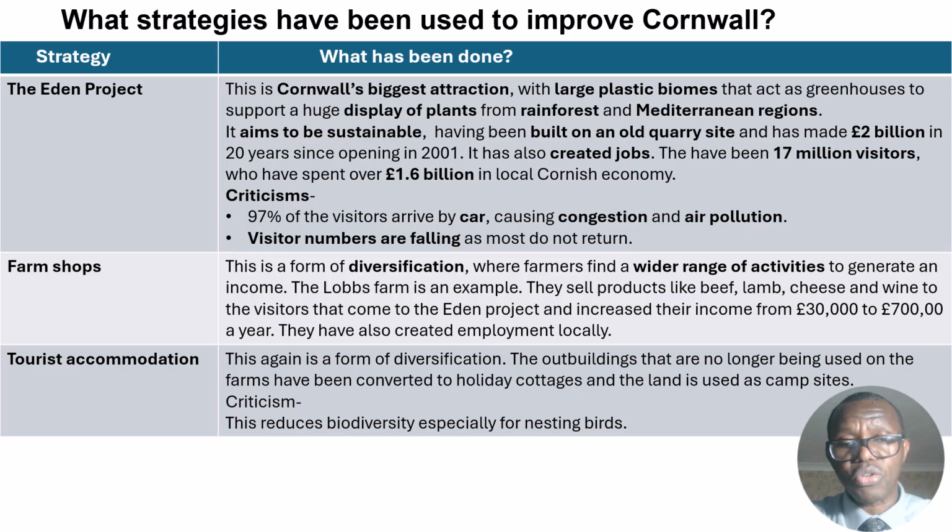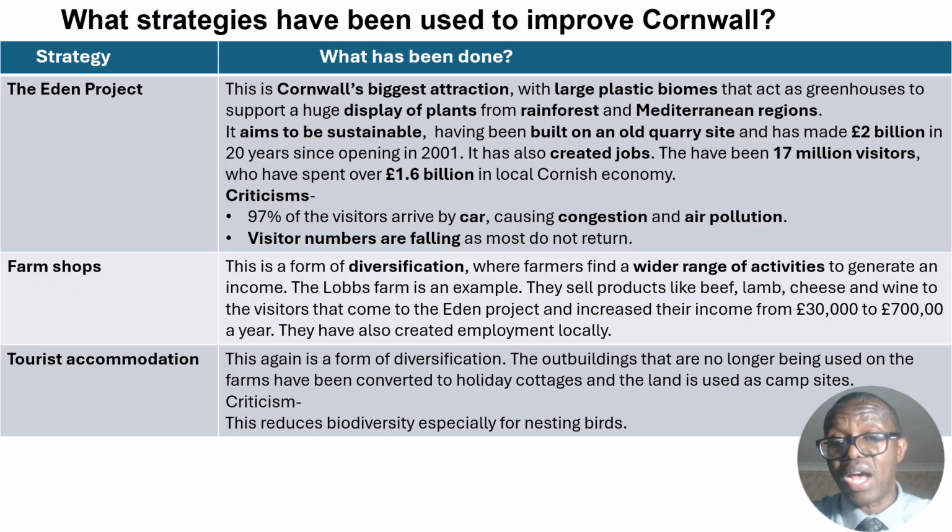And then the third strategy we'll be looking at is tourist accommodation. So this again is a form of diversification. This is where the outbuildings that are no longer being used on the farms, for example, for animals, have been converted into holiday cottages.